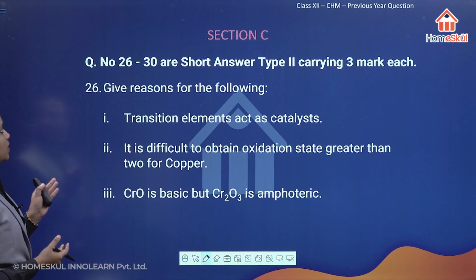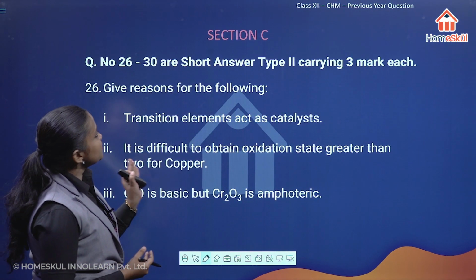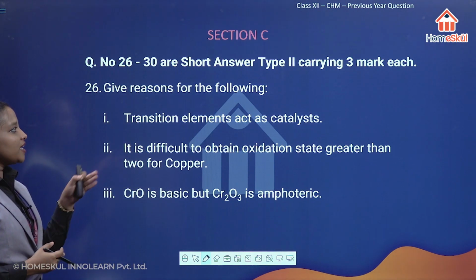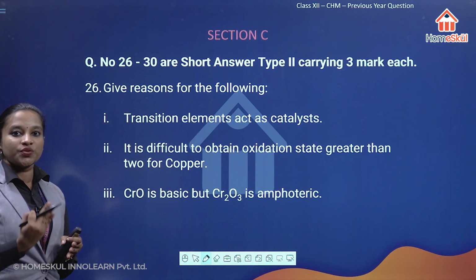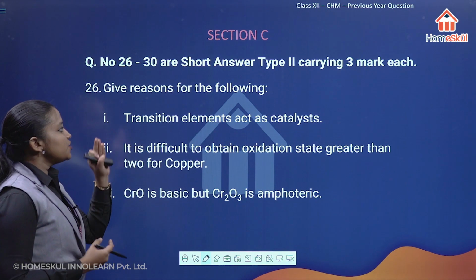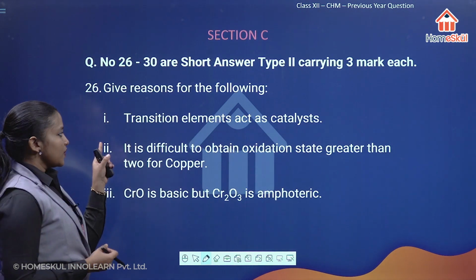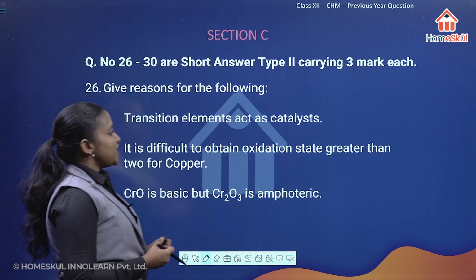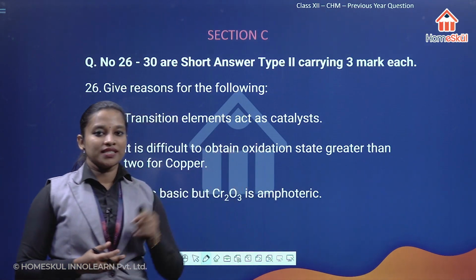Now, moving on to the next. Questions number 26 to 30 are short answer type questions which carry 3 marks. This is section C. Give the reasons for the following. First one, transition elements act as catalysts.